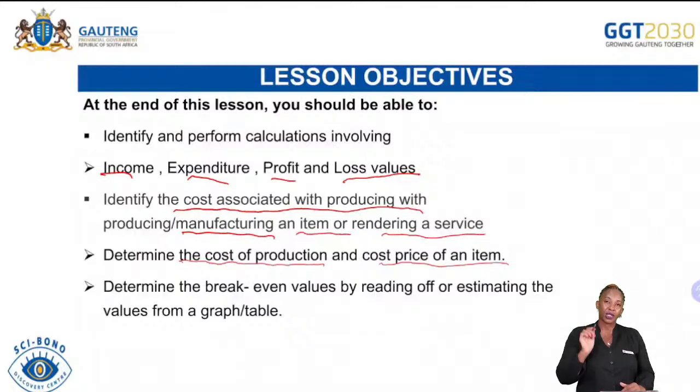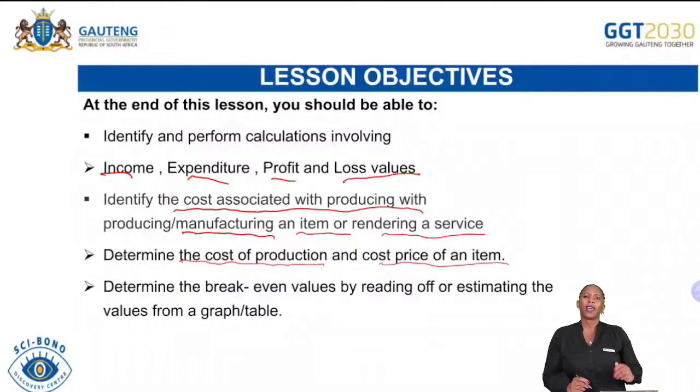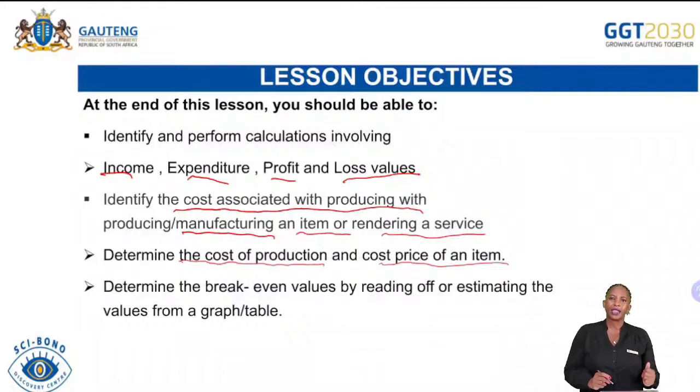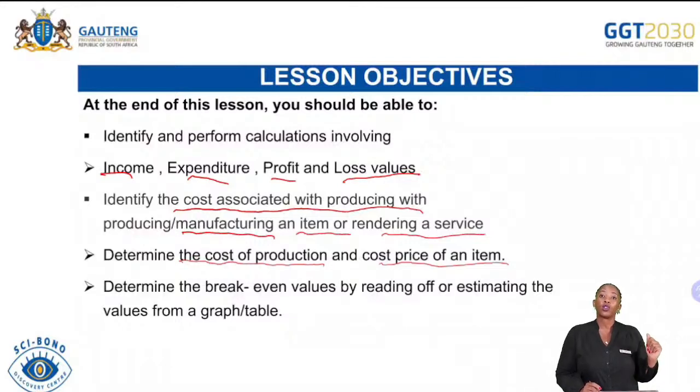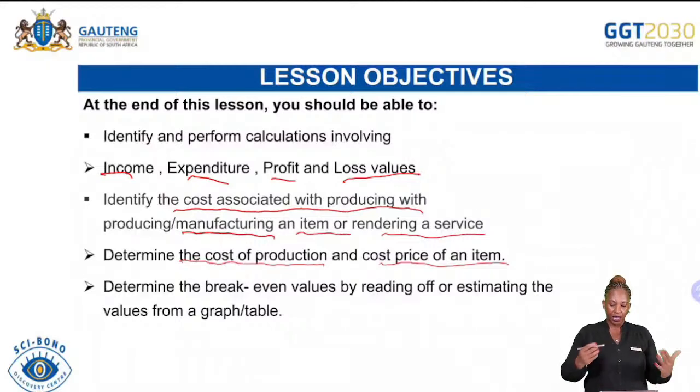With these ones, boys and girls, remember now, if you want to sell something, you need to have this in mind: there is an amount that I'm going to spend before the actual start of the business. I need to have a startup capital that I will use to stock the items that I'm going to sell before I can do the actual selling. After ordering the stock and putting it there, I need to price it up.